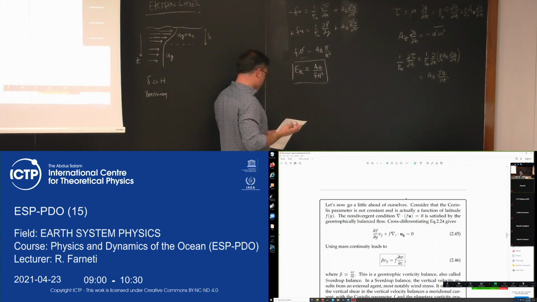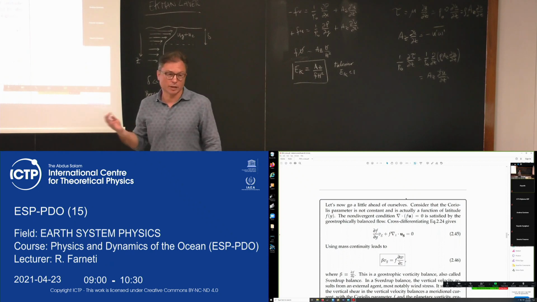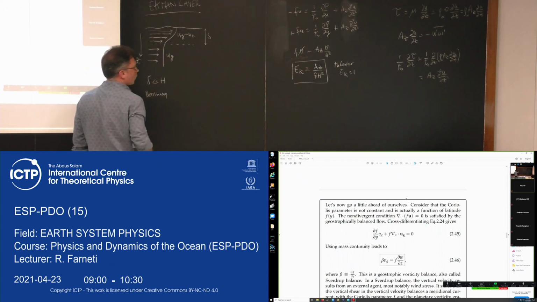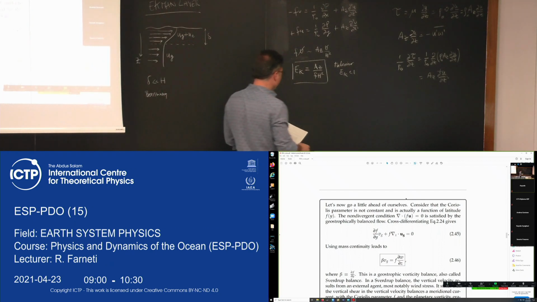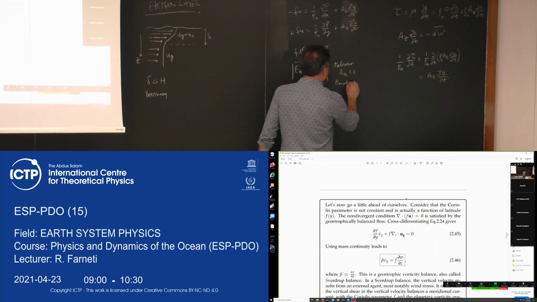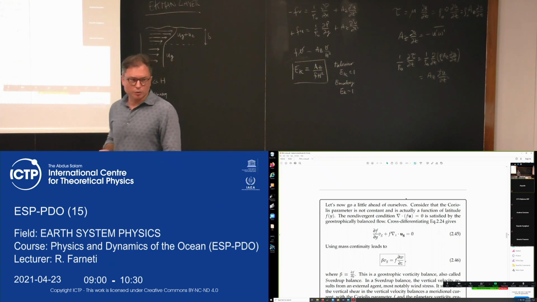So in the interior of the ocean, Ekman is small, okay? And so you can neglect frictional effects. So you're here. Whereas in the boundary layer, the Ekman number is on the order of 1.